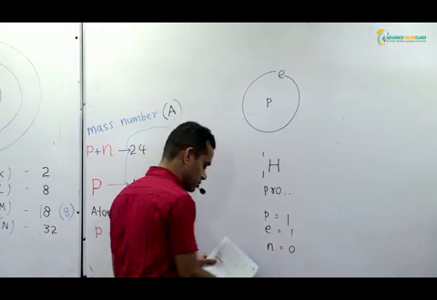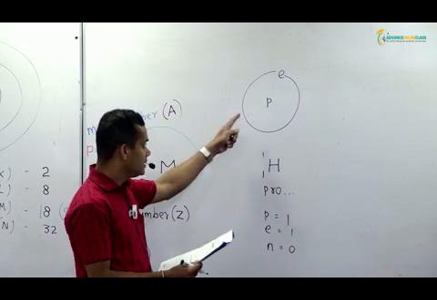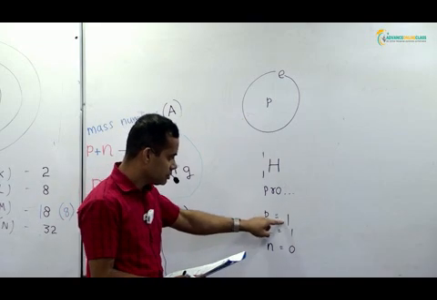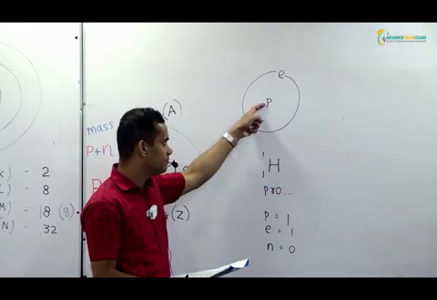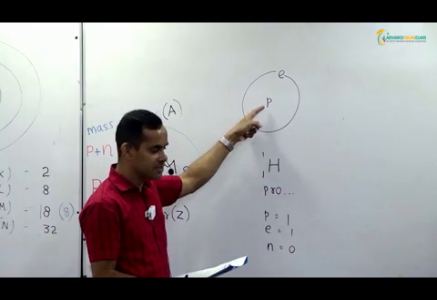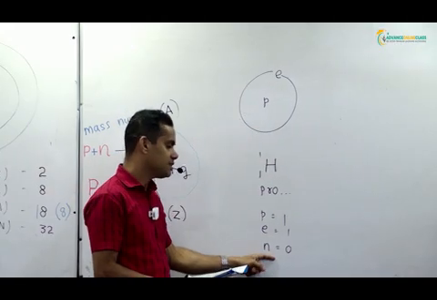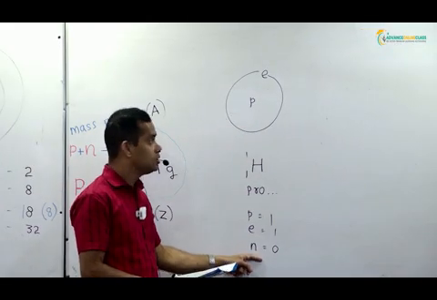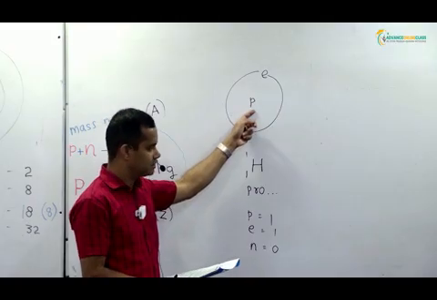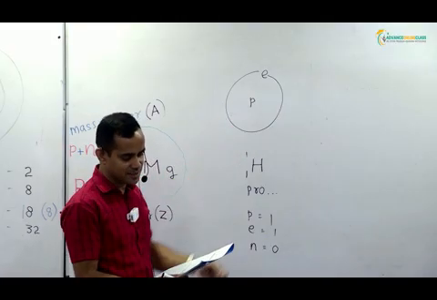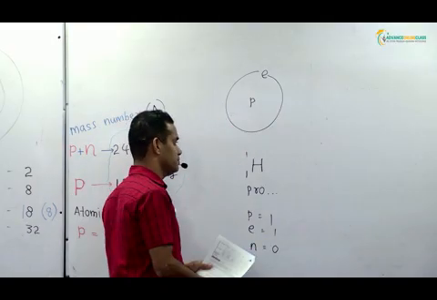Neutrons 0. Therefore, in this, proton 1 we write by P. Don't have to put 1P, it is just P. Electron is here. Neutrons are absent, so we don't write N inside this. Diagram is that.